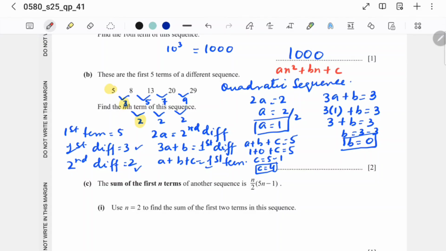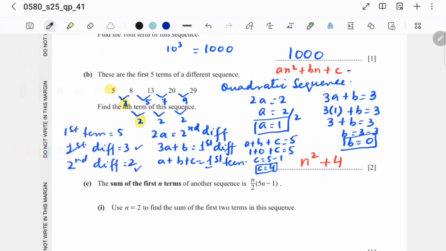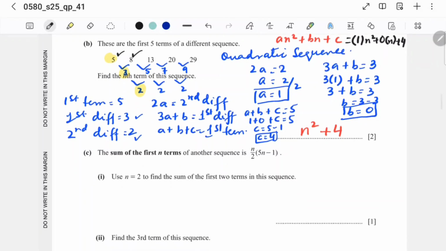So a is 1, b is 0, and c is 4. Substituting the numbers, that is 1n squared plus 0n plus 4, which is equal to n squared plus 4. If I check the first term, 1 squared plus 4, 1 plus 4 is 5, which is there. 2 squared plus 4, 4 plus 4 is 8, which is also there. This means that we are doing the correct thing.